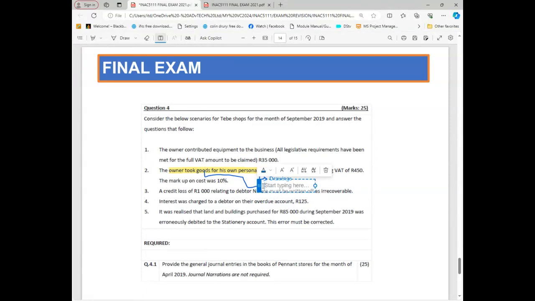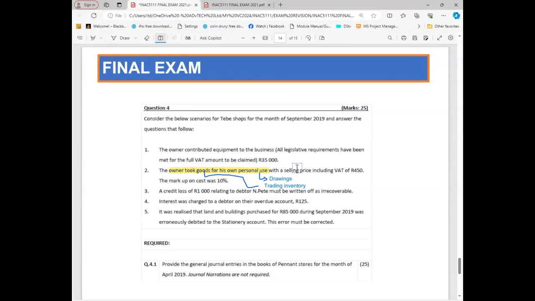So this one is going to be trading inventory. So this means that the owner took inventory for own use.